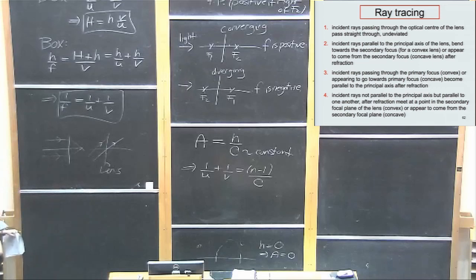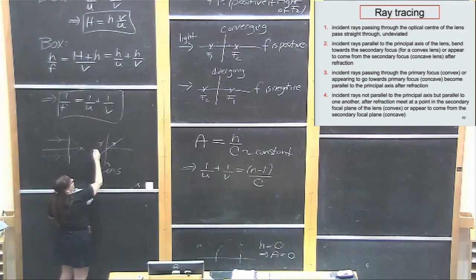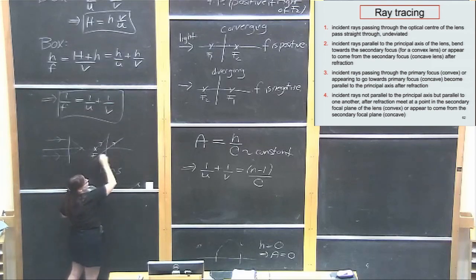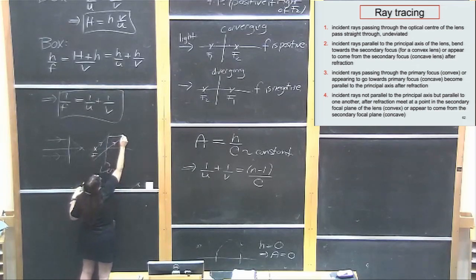Well, it's reasonably simple to understand what that is going to look like, because you can always choose one of these rays to be passing through the focal point, right? So you've got one ray that's clearly just going to pass through undeviated if it goes through the center. You can always then choose another ray parallel to that that passes through the focal point, which you know will then come out parallel.